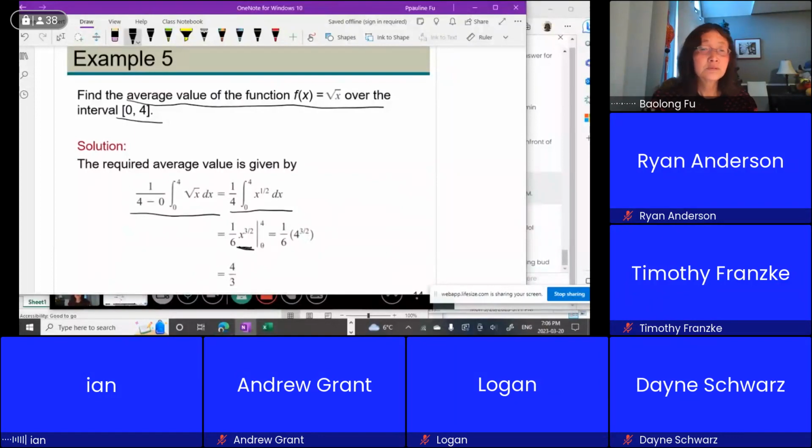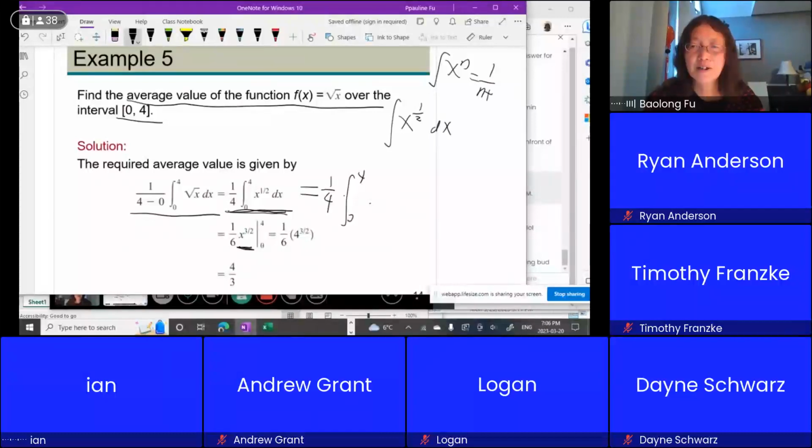How did the 1/4 get to 1/6? Okay, let's do from here. So copy down 1/4. So x raised to the power 1/2. This one we use x^n becomes 1/(n+1) x^(n+1).